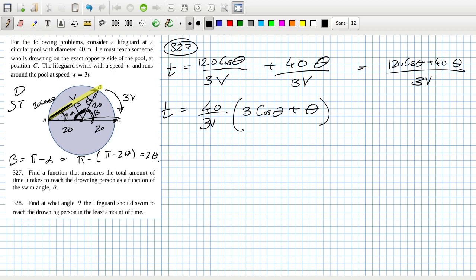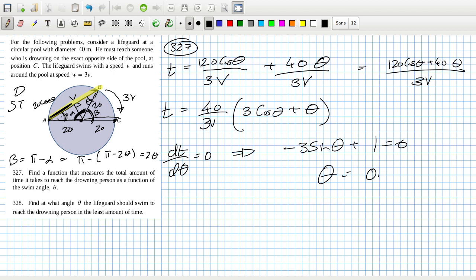And now we want to minimize the time. So the derivative equals 0. That means that minus 3 sine theta plus 1 should equal 0. So that means theta is sine inverse of 1 over 3.